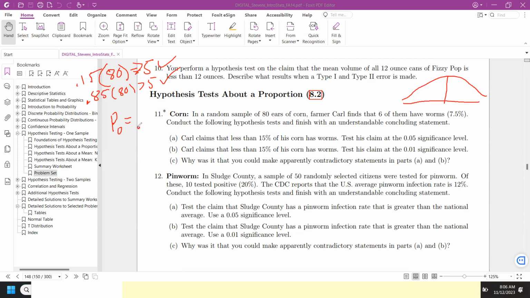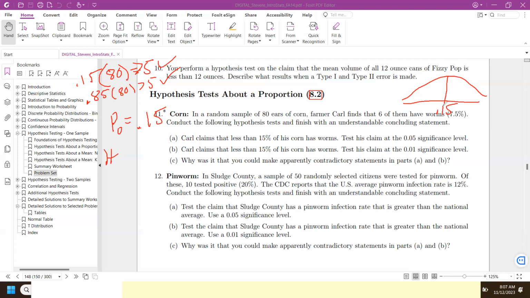So here we're going to run a proportion, dealing with the number of successes divided by the total. He's saying that on average 15% of his ears have worms. So H0 means 0.15 is the middle, and we might want to show that it's higher.